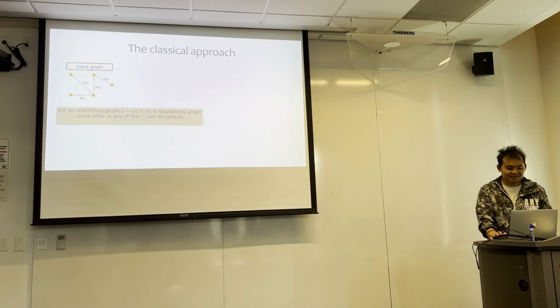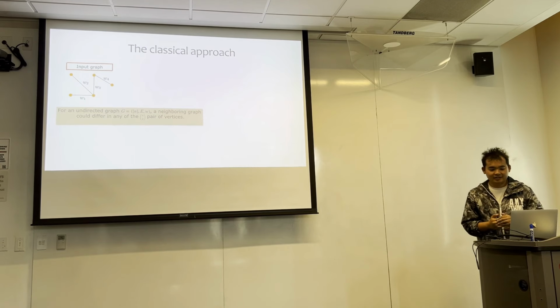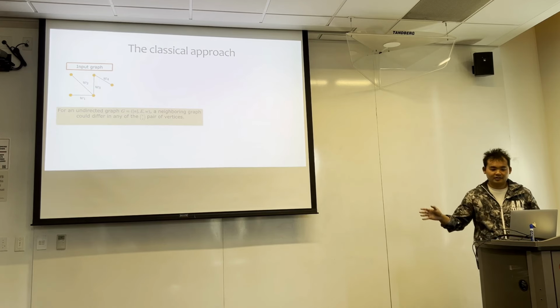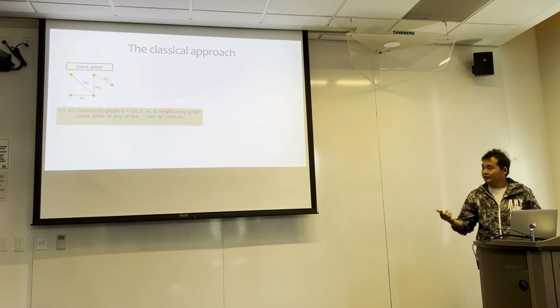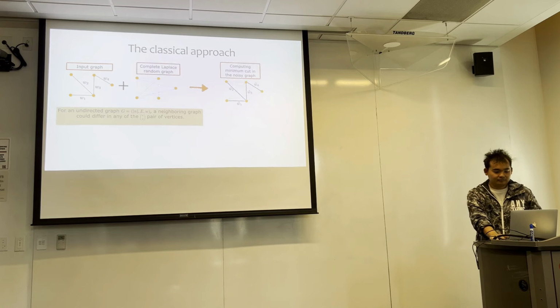Okay. So next I'm going to introduce some intuition behind the algorithm. Since we are using the edge-level differential privacy I just defined, a neighboring graph could have a difference in all the n to the 2 pairs of vertices.